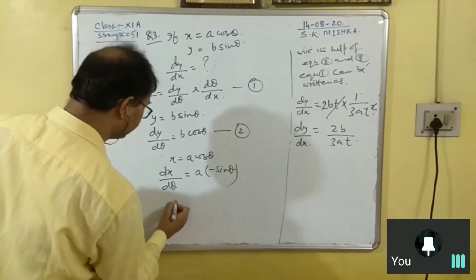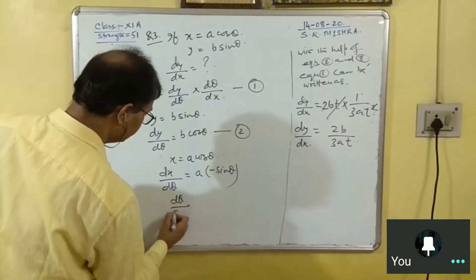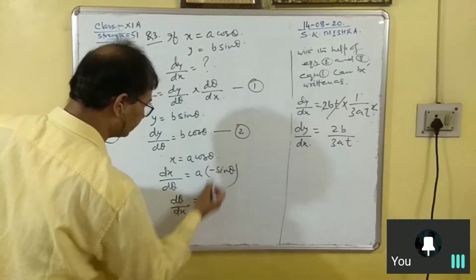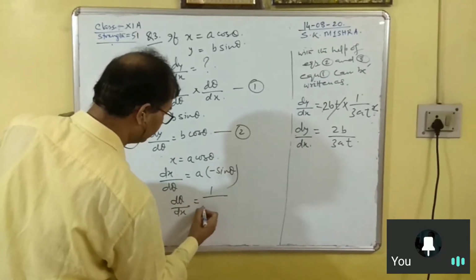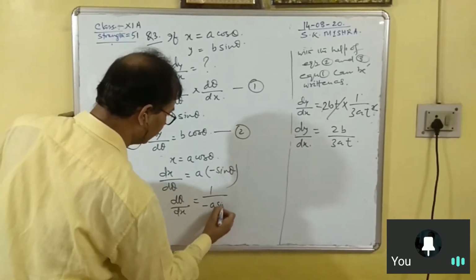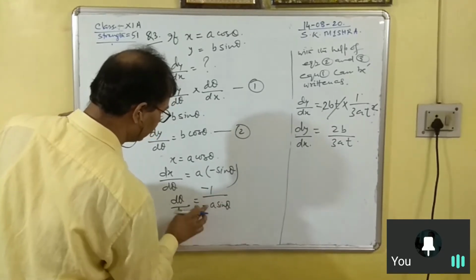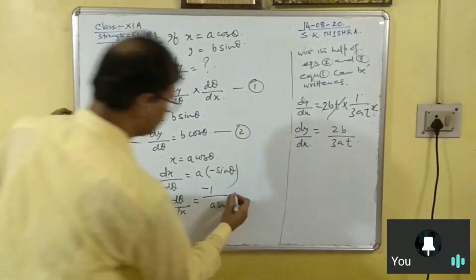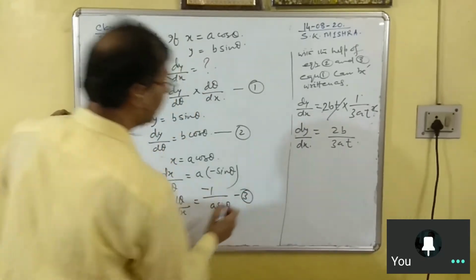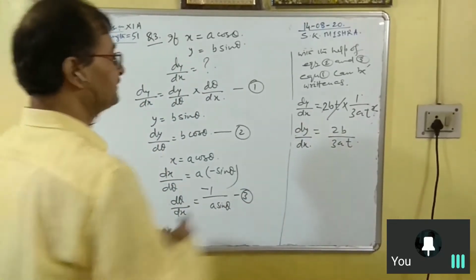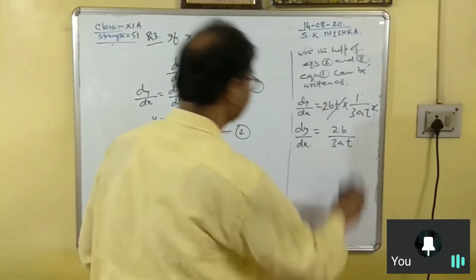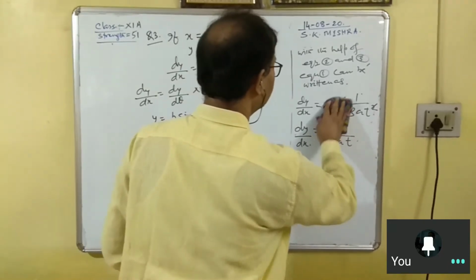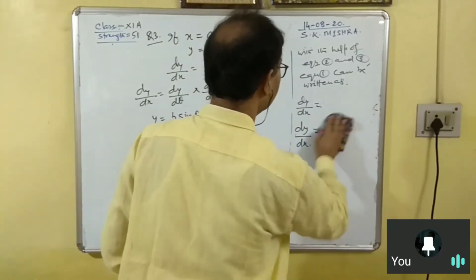So what is d theta by dx? d theta by dx is reciprocal of this one. So 1 by minus a sin theta. You can put minus in the numerator also. This is equation 3. Again, we are not rubbing this part because we are using this portion again and again. We just rub this portion only.